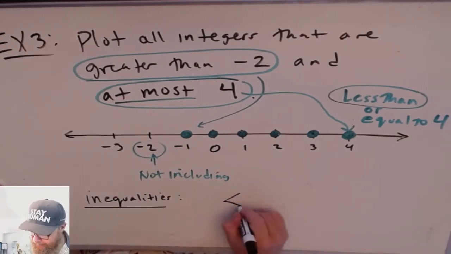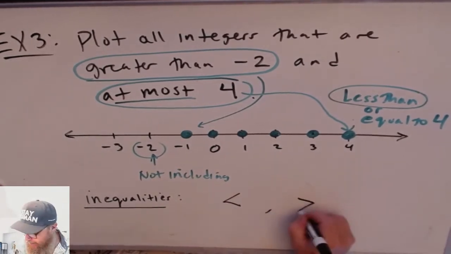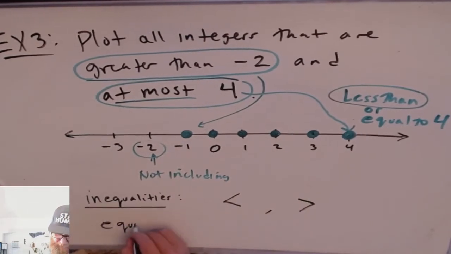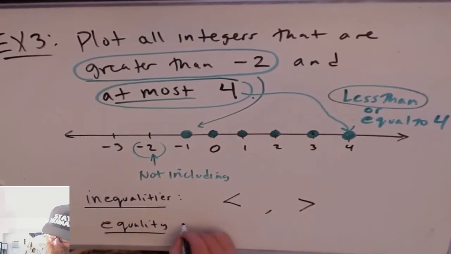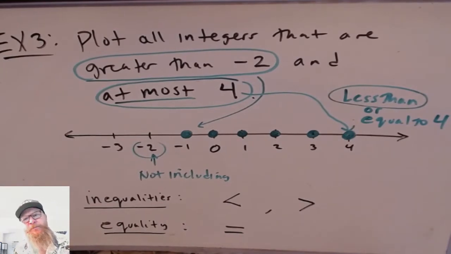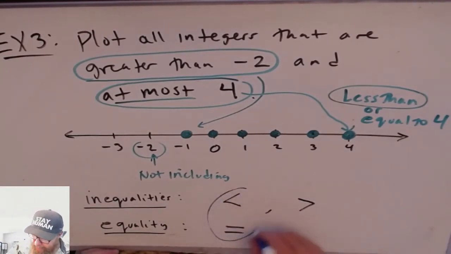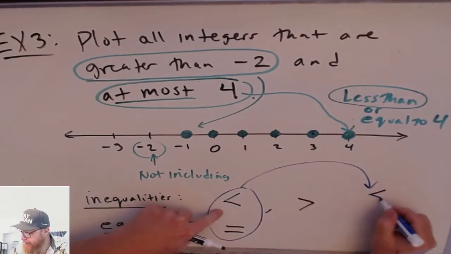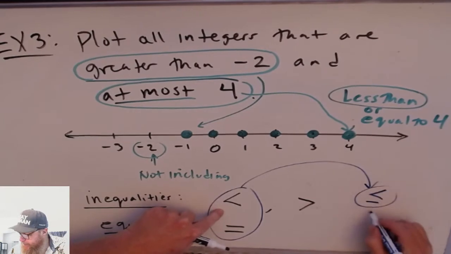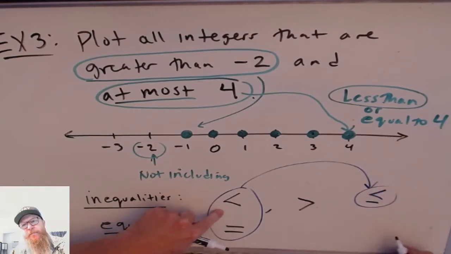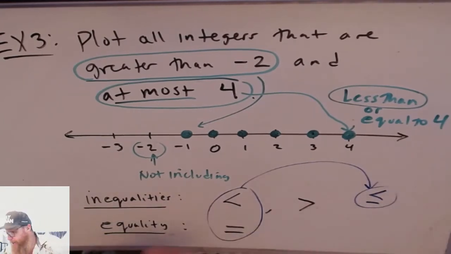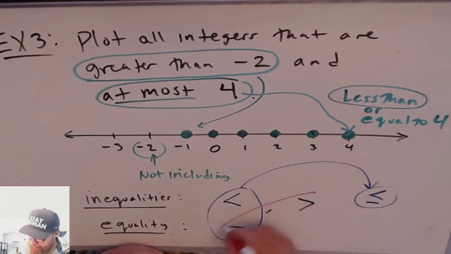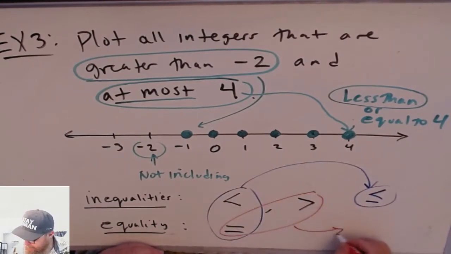For now, we're going to say less than or greater than, and then we have equality, which is equal to. Okay, and then if you put these two together, it's less than or equal to. And if you put these two together, it becomes greater than or equal to.